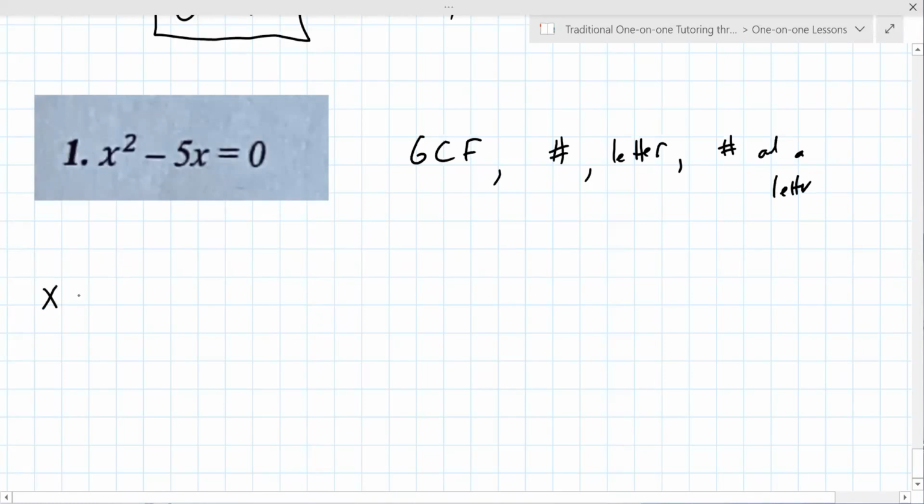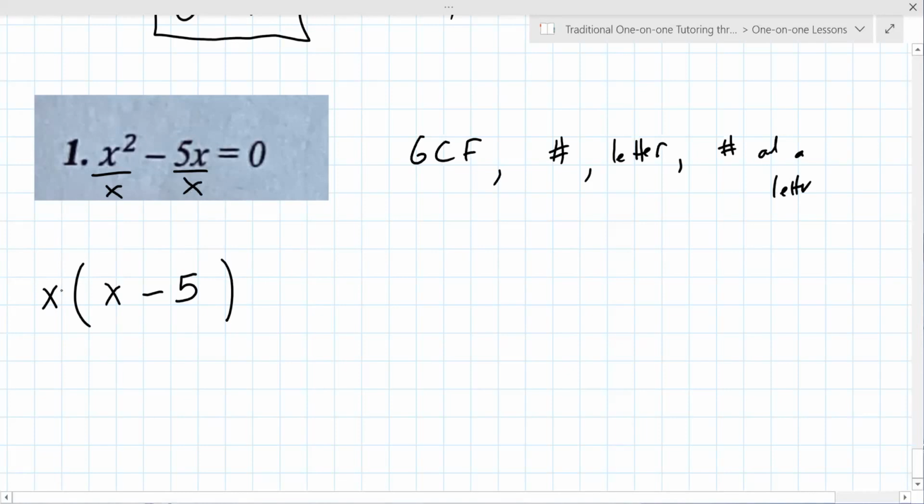Mm-hmm. So you write x on the outside, and if you're not sure what to write on the inside, you divide both of these by whatever you put on the outside. What is x squared divided by x? x squared divided by x is x. And 5x divided by x? 5. Great.